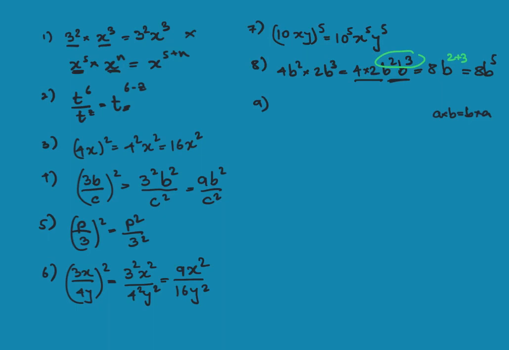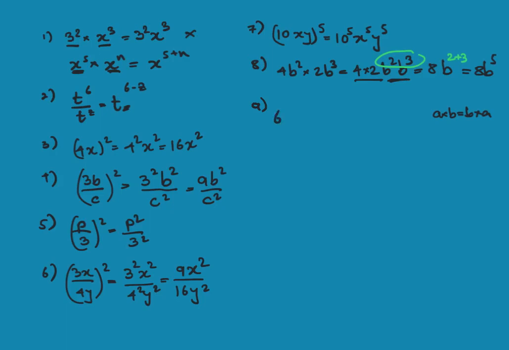So let's have a look at this one here: a to the power of 2. Have we done something like this? We had something similar. Let me think. Something negative. Okay, let's have a look at negatives. Okay, 9.